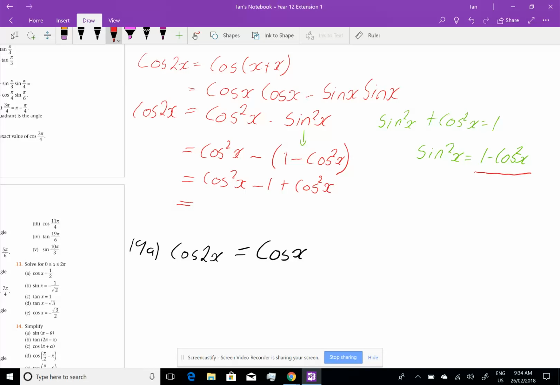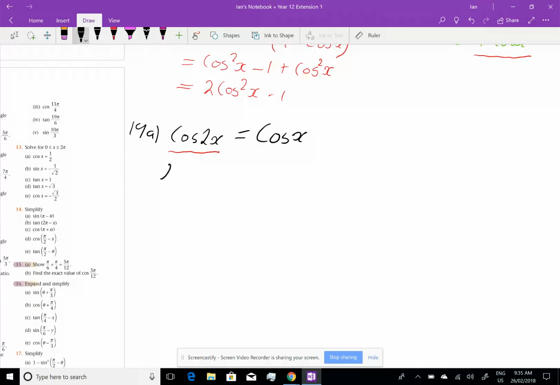And cos squared x plus cos squared x is 2 cos squared x minus 1. And now I can substitute that in there. So I go back to my equation, and I get 2 cos squared x minus 1 equals cos x.